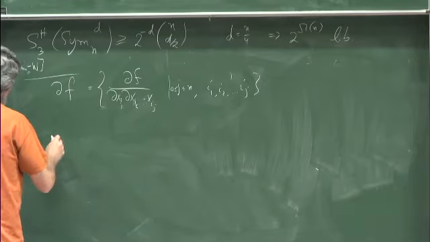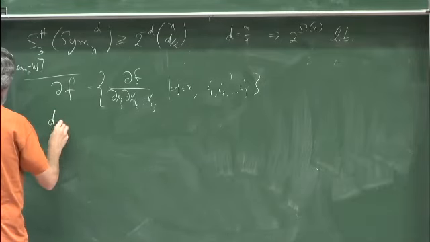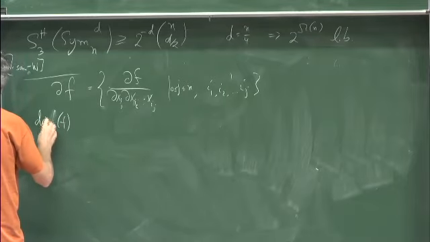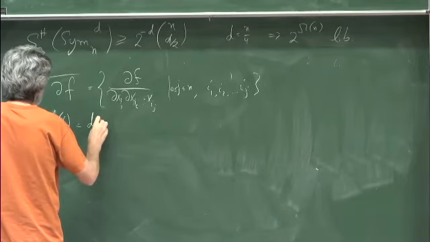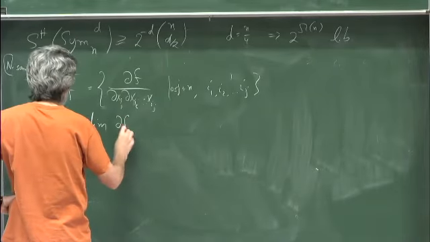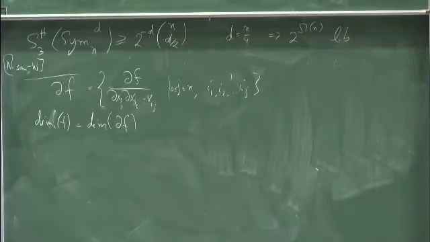And let me write dim of f to be the dimension, the linear dimension of this set of polynomials. So it's a number, it's an integer.